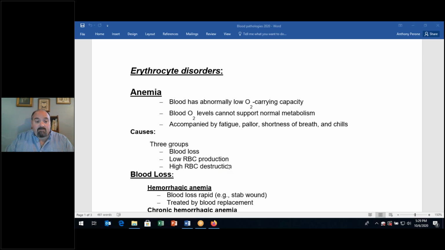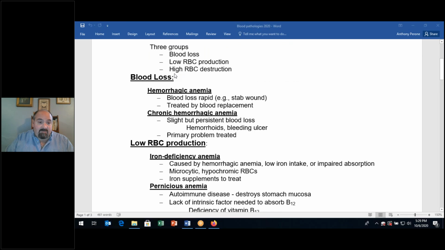As far as blood loss types of anemia, we can have hemorrhagic anemia as a result of some type of trauma injury. Major blood loss is treated with blood replacement, because if you've lost blood, you need blood in order to fix the problem, and stop the wound from allowing blood to leave the body.